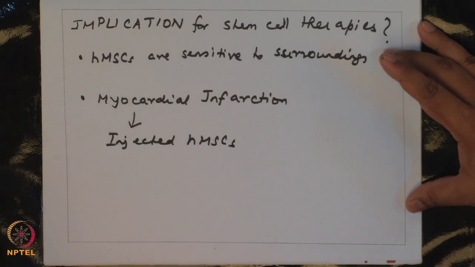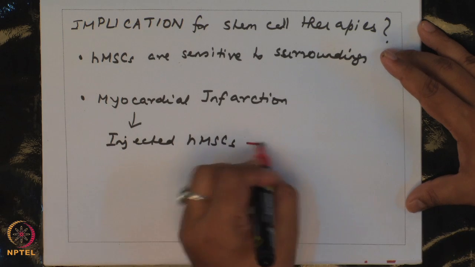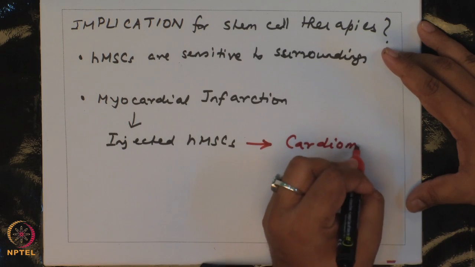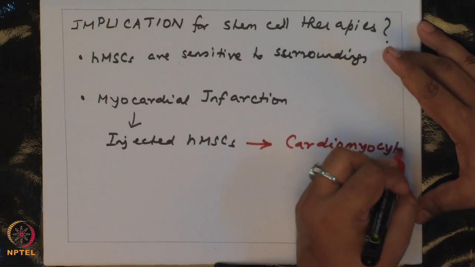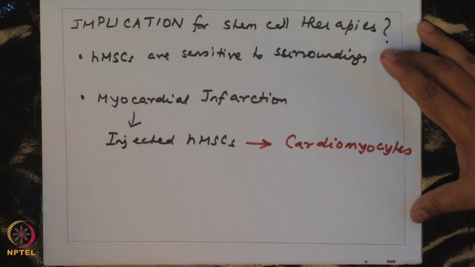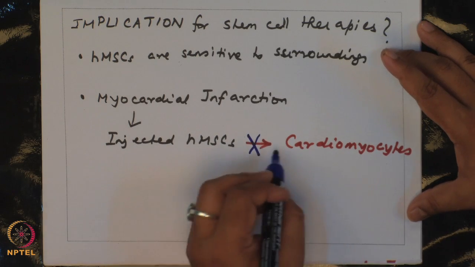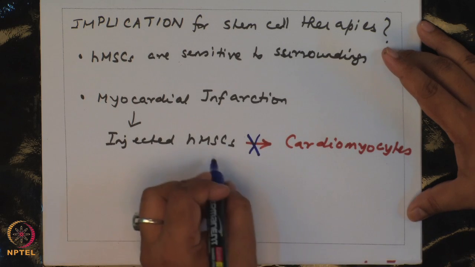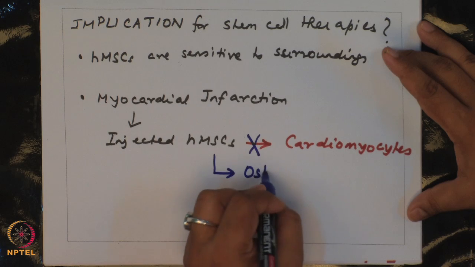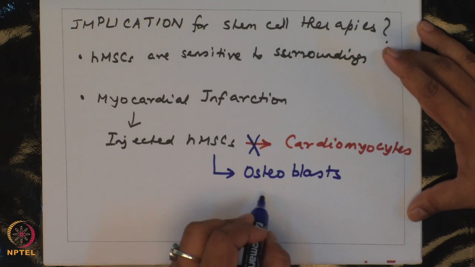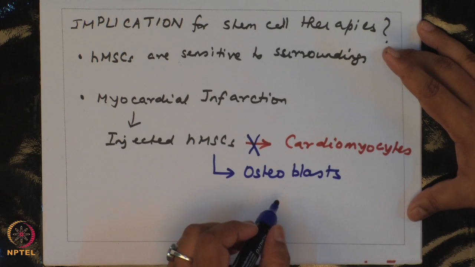Ideally you want the HMSCs to differentiate into cardiomyocytes. However, to their surprise, the authors observed that the HMSCs were differentiating into osteoblasts. This would be completely dangerous.